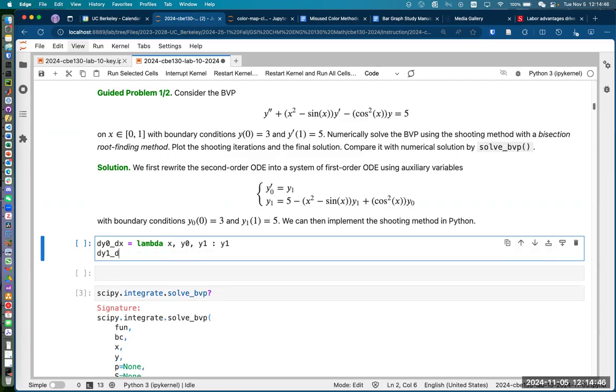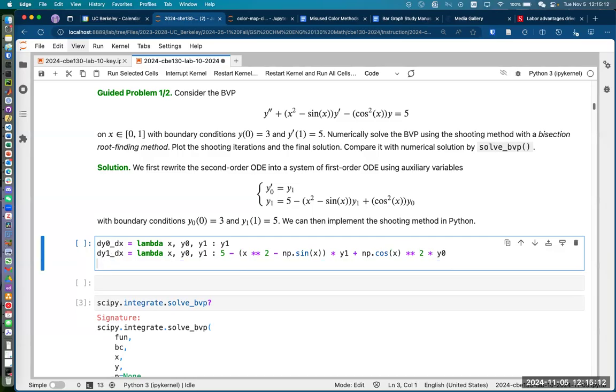And dy1 dx is equal to a lambda function of x, y0, y1, and it's equal to 5 minus x squared minus sine of x times y1 plus cosine of x squared times y0.